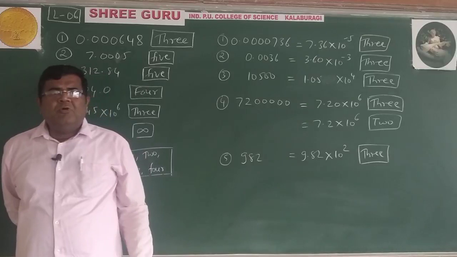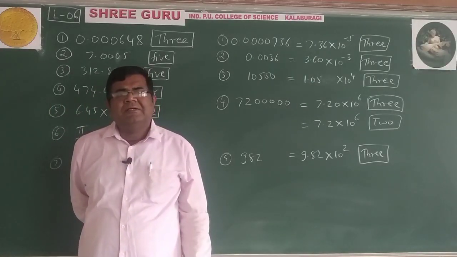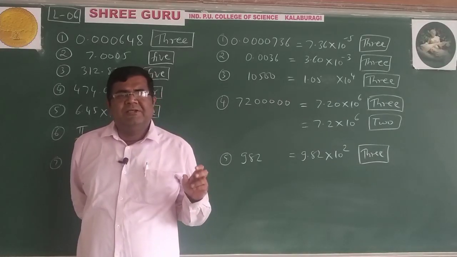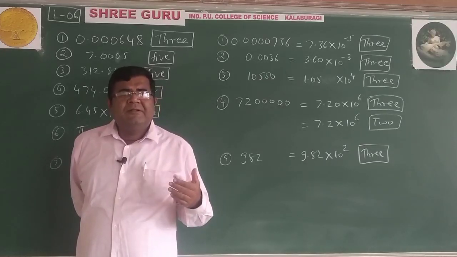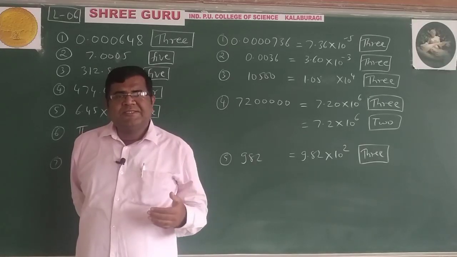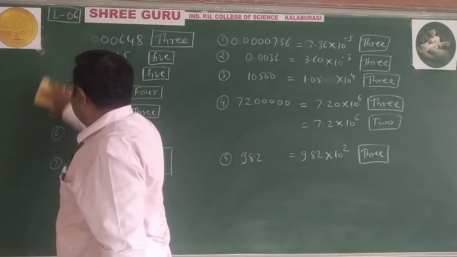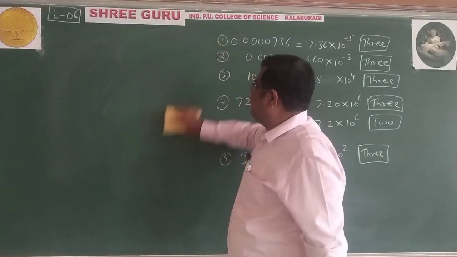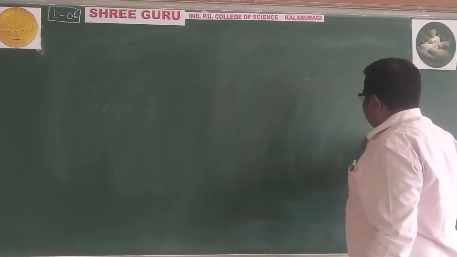Now we'll go a further step: how to add numbers, subtract numbers, multiply numbers, divide numbers. These are mathematical operations we have to do, and then the result is to be reported according to certain rules. Those rules we have to follow now. So addition and subtraction and multiplication and division of these numbers with significant figures.